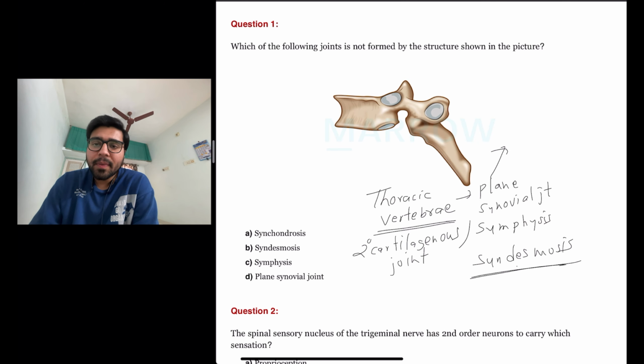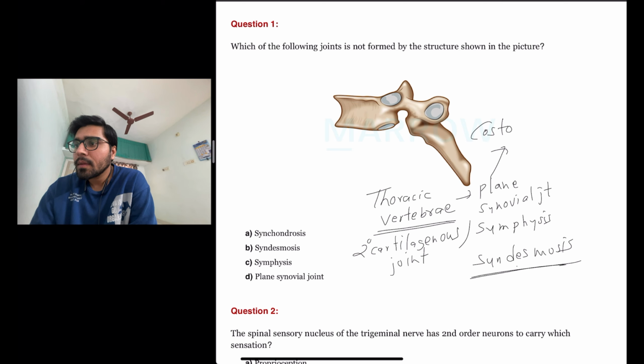The example of plain synovial joint that is seen in vertebrae is costovertebral joint and costotransverse joint.